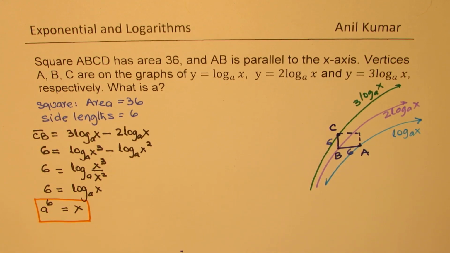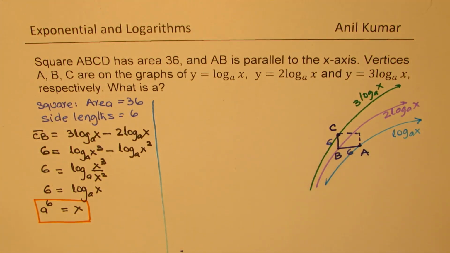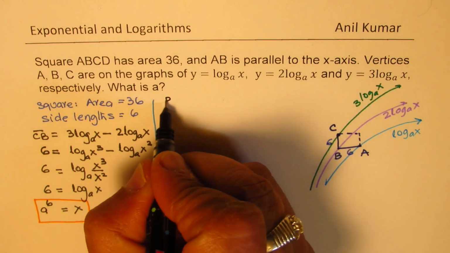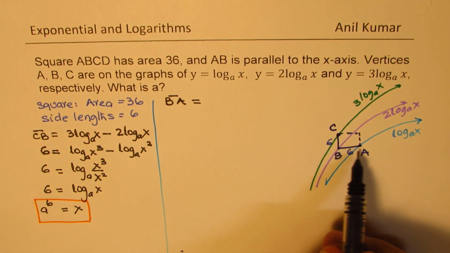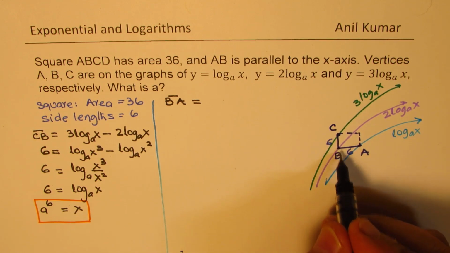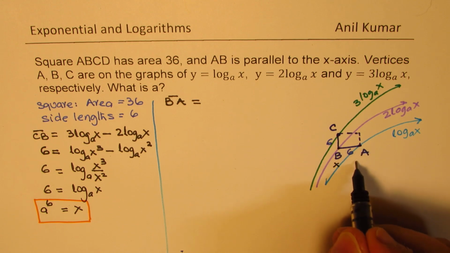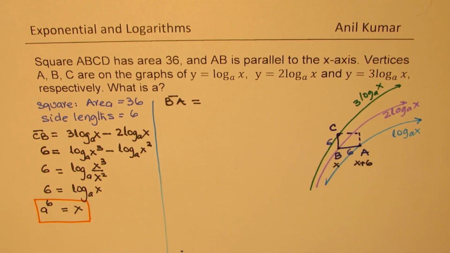Now we also understand that the horizontal distance is also 6, that is B to A. So let's work on this B to A distance. B to A is the difference in the x value. So if x is x at this place, the x value is x plus 6 at the other. However, the y values are the same, right?